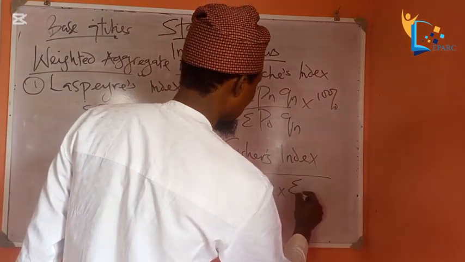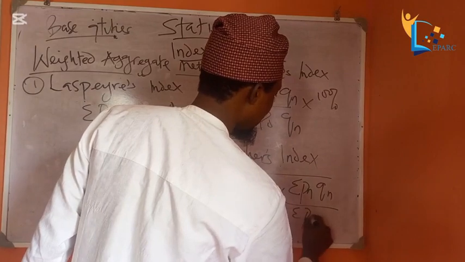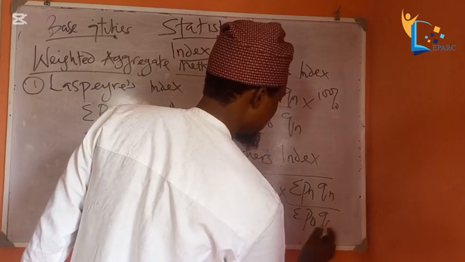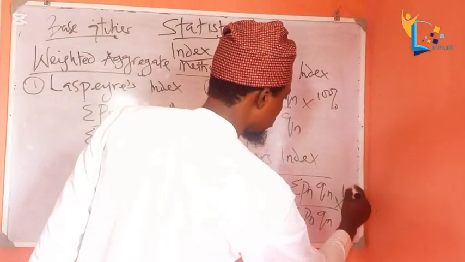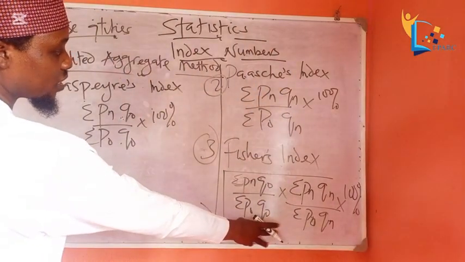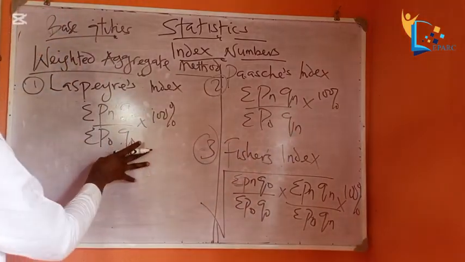Times summation of Pn Qo all over summation of Po Qo, times 100%. Okay, this is the formula for the Fisher's index, okay? And this for the Paasche index and the Laspeyre's index.